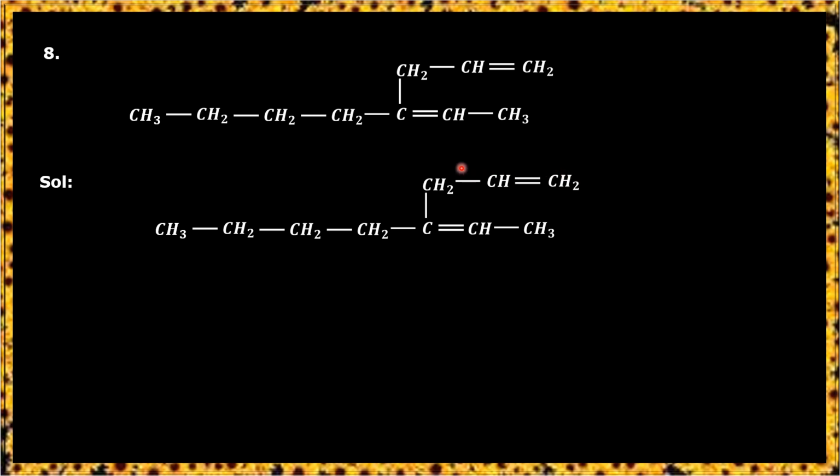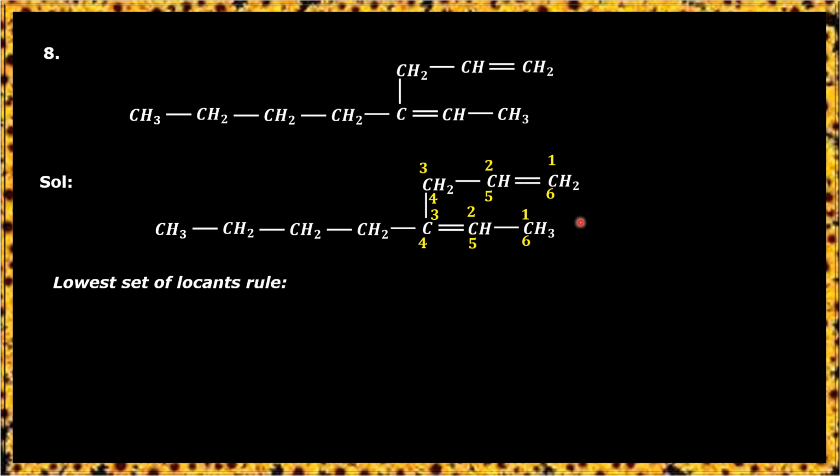So here I am selecting this as the longest chain of carbon atoms, and the numbering can be done either from top to bottom or from bottom to top. Which way of numbering is correct? To know that, I am going to use the lowest set of locants rule.